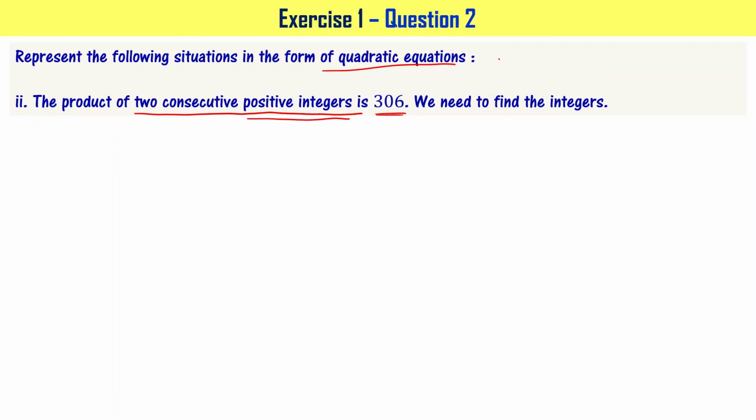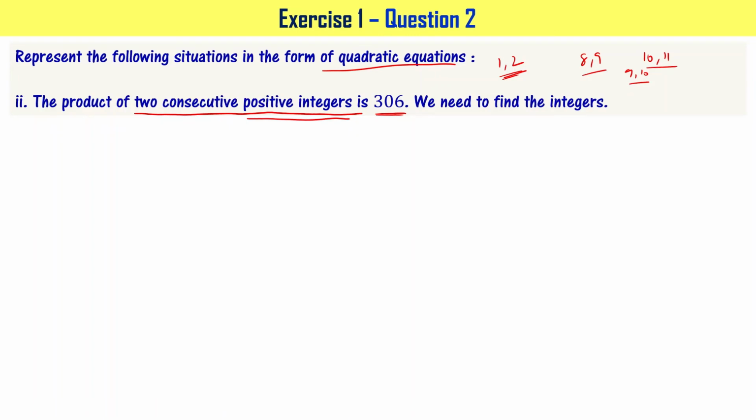For example, 1 and 2 are consecutive positive integers, 8 and 9 are consecutive positive integers, 10 and 11 are consecutive positive integers, 9 and 10 are consecutive positive integers. When you look at this, you say that consecutive positive integers differ by 1. 1 and 2 differ by 1, 8 and 9 differ by 1, 9 and 10 differ by 1, 10 and 11 differ by 1, right?